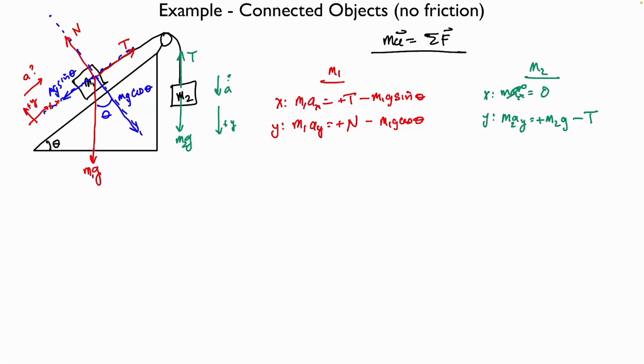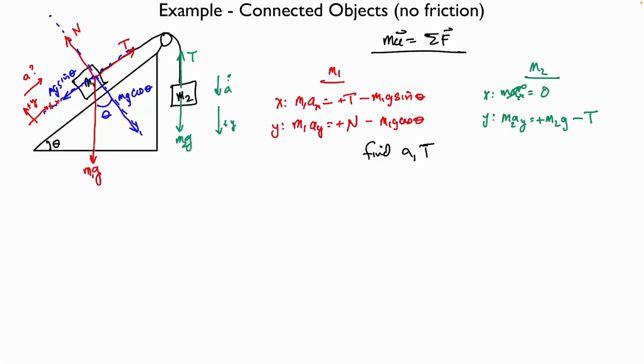Probably looking for acceleration of the system or tension in the wire, or maybe both. Could be a part A and a B problem, right? So those generally would be the things that we are looking for. I'm trying to keep this as generic as possible, right? Maybe we could go looking for normal force and things like that.